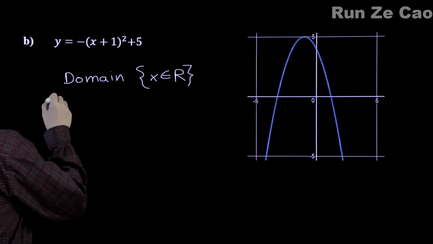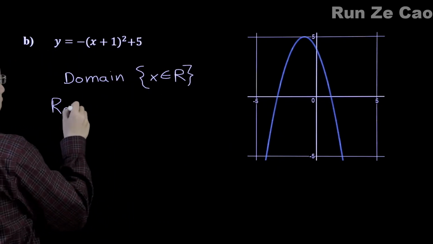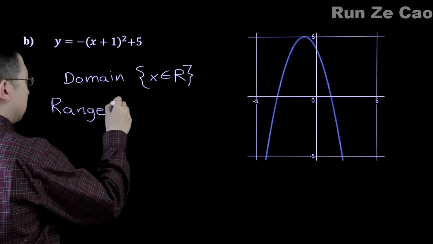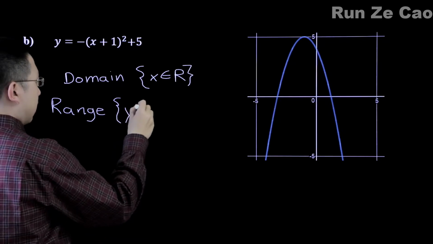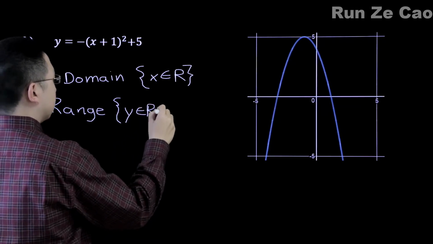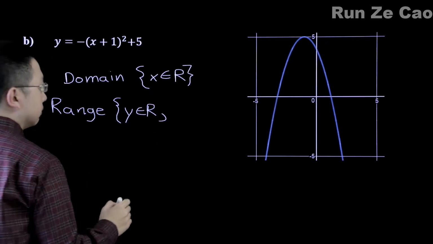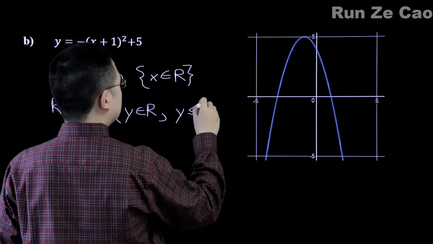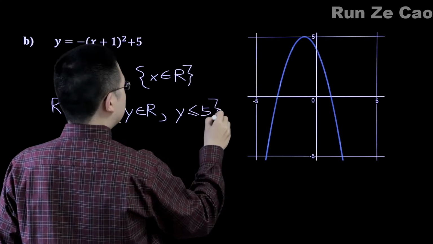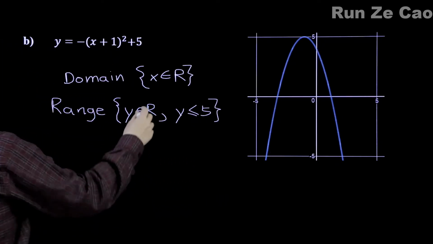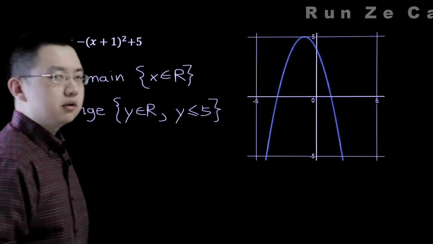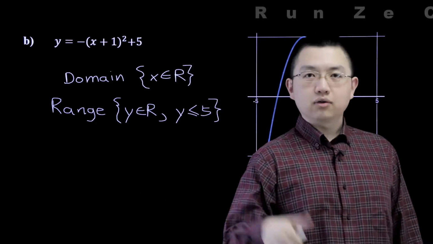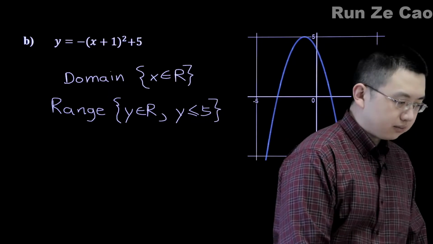So the range is, first of all, you need to state that y is an element of the real numbers, and y is less than or equal to 5. Depending on area, you might have to state that it's greater than negative infinity as well. But there are some places that let you get away with not doing that.